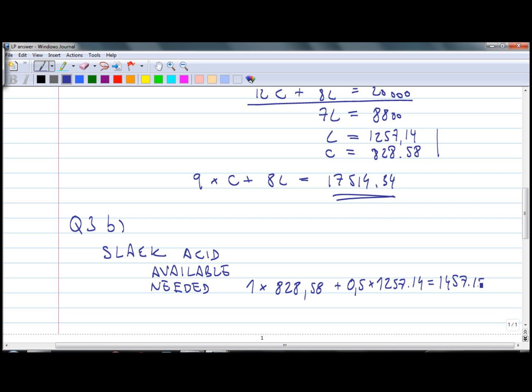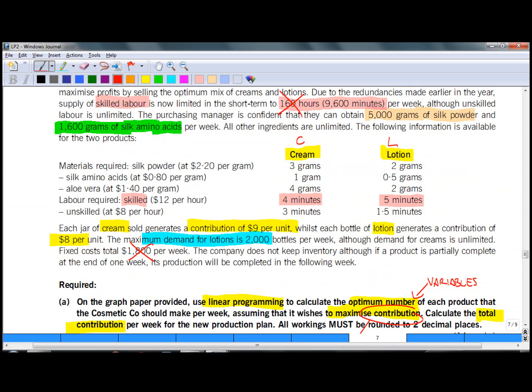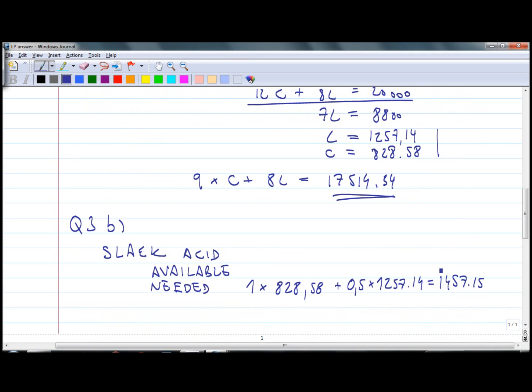That's in our requirements. Remember, available grams of acid are 1600 grams. So subtracting the two, I get the slack, which is 142.85 grams.